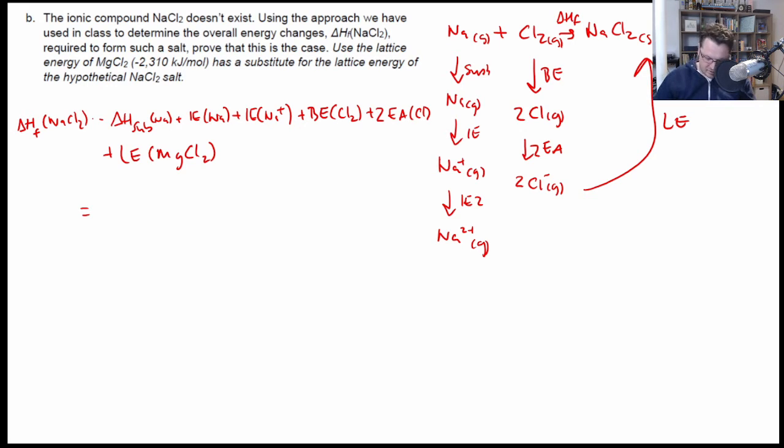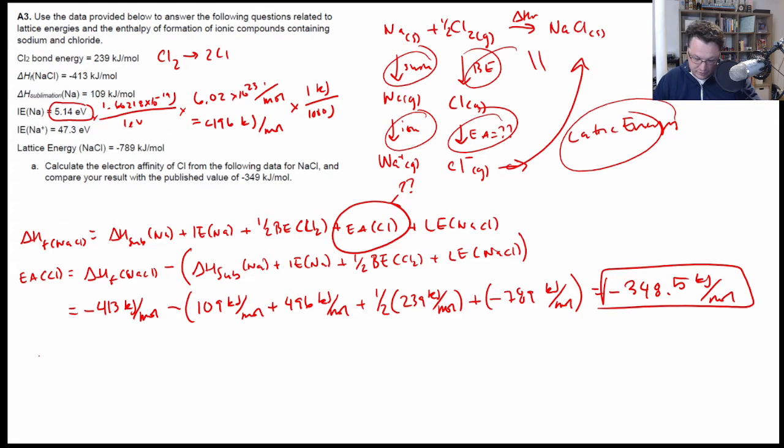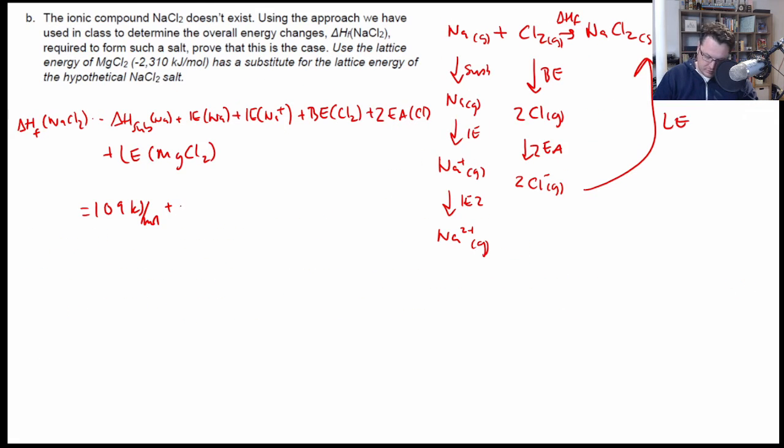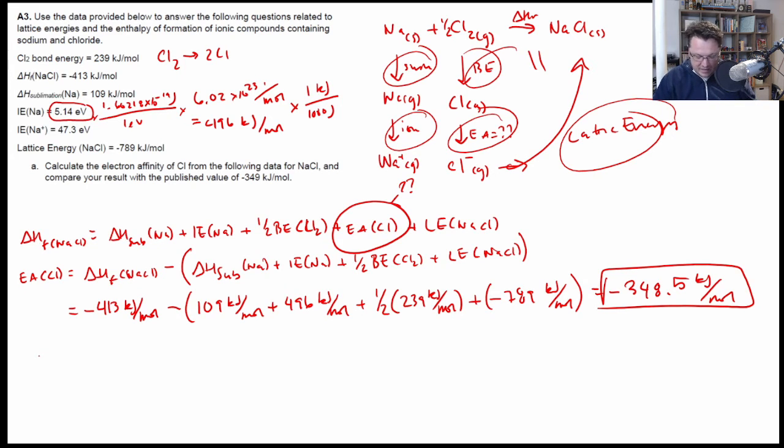So we have the delta H sublimation is 109 kilojoules per mole. We have our first ionization energy, which I should probably jump back and check, was 496 kilojoules per mole. Now I need that second ionization energy, which is given again here in electron volts, so we can calculate it using the same approach that we did previously.